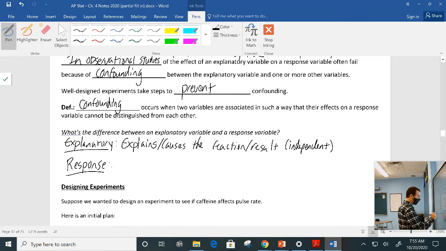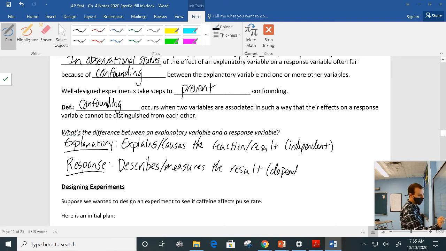It describes and measures the results. This is what you previously referred to as your dependent variable. We'll look at the next example here in class that's dealing with pulse rate and designing an experiment with pulse rate.